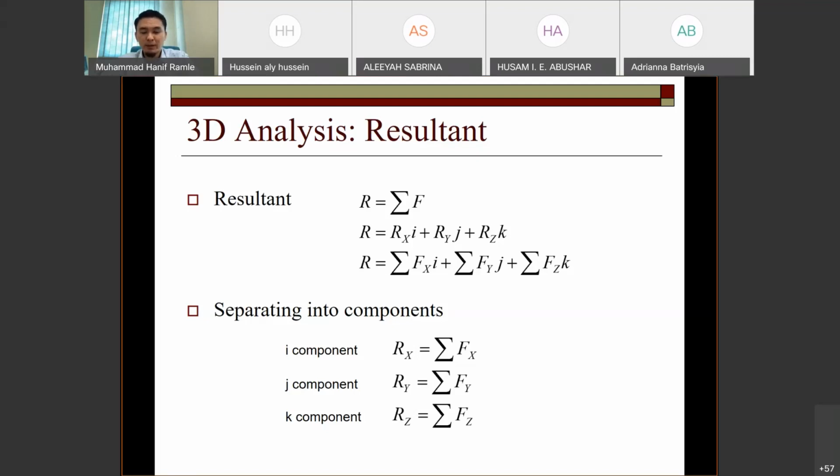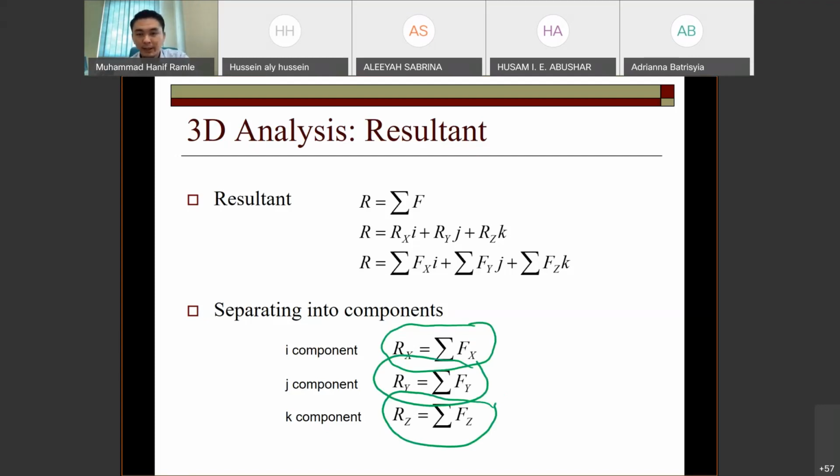You cannot sum up the X and Y components together, but you can sum up the same components like this: the total force in the X component, the total force in the Y component, and the total force in the Z component. Easy, right? Just a sum.